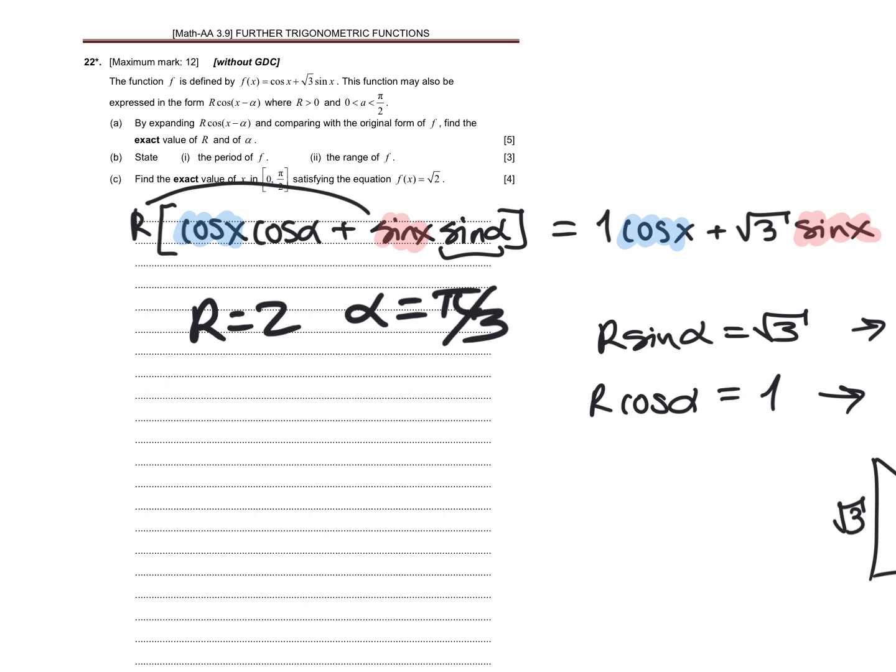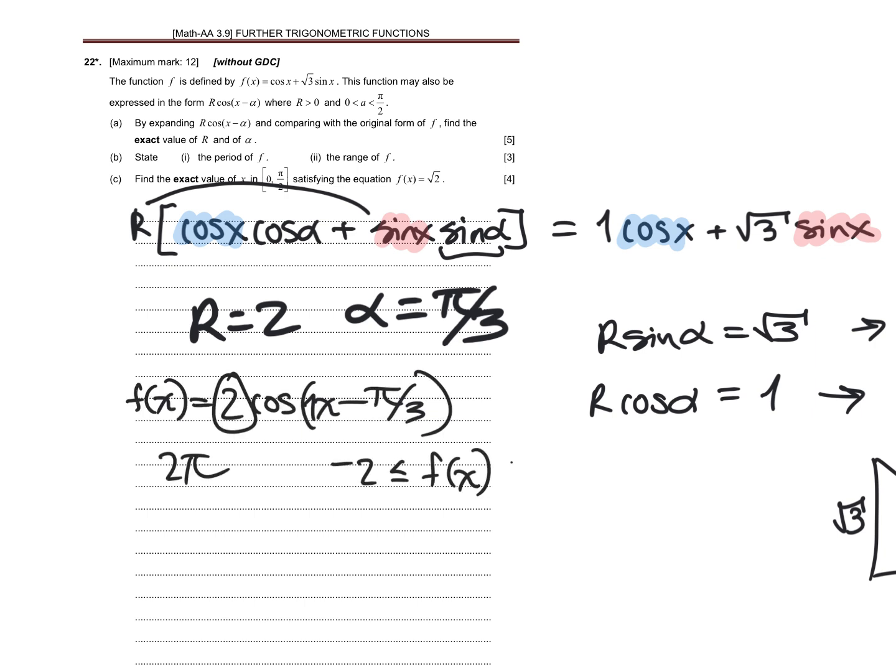All right, so the period is still 2 pi because it's 2 pi over b, and b is 1 here. And the range, this does nothing to the range, but this makes it from -2 to 2, because usually the principal axis is 0 and the amplitude is 1, so up and down 1 from 0, but now it's stretched to 2. Okay, so that's b, I, and double I. And then c, find the exact value of x in 0 to pi over 2 satisfying the equation.